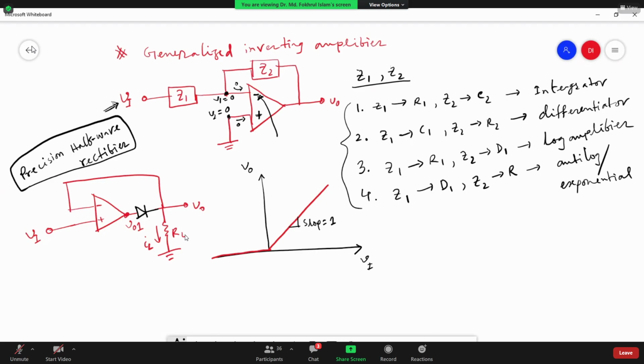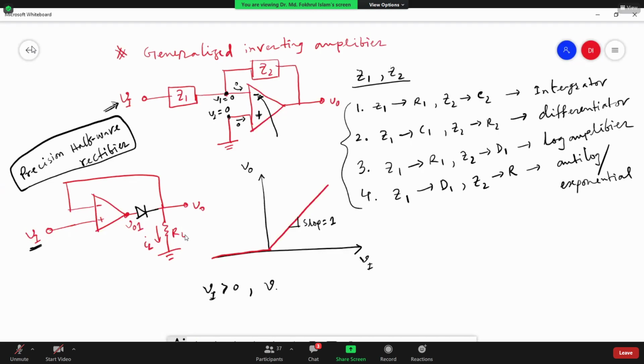If Vi is greater than 0, what will happen? If Vi is greater than 0, the circuit behaves as a voltage follower. Is it or not? And voltage follower means what?